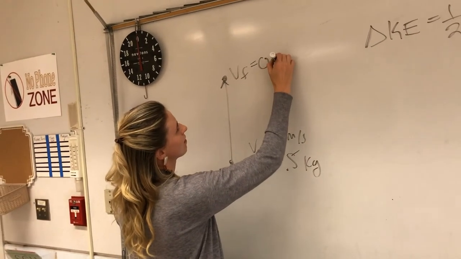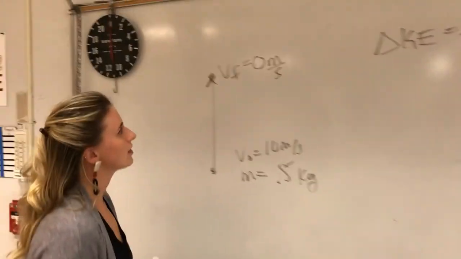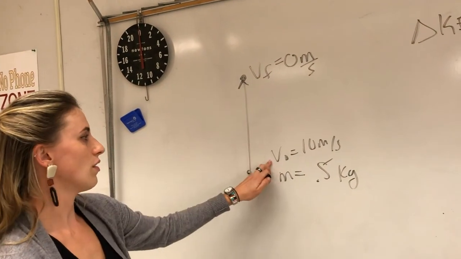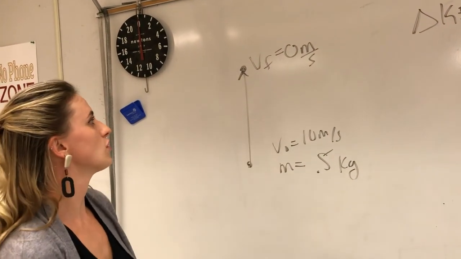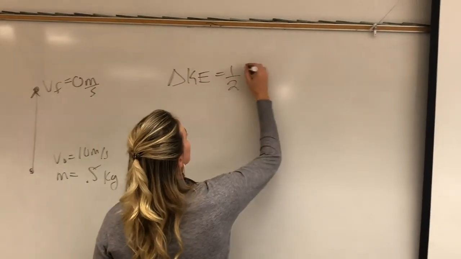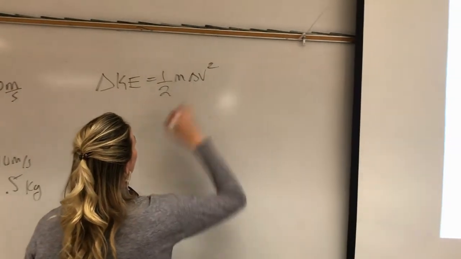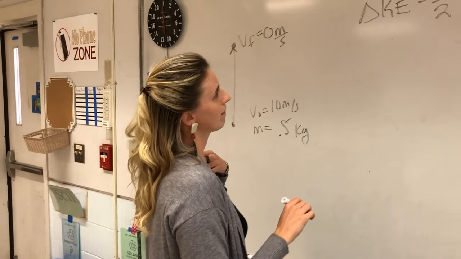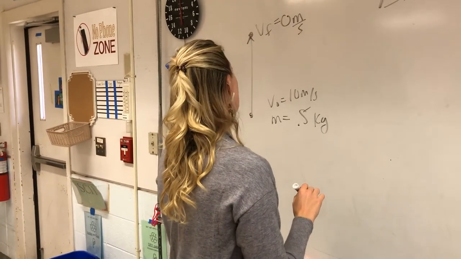Well, it has to stop at the top. 0 meters per second. So it has a change in velocity of 10 meters per second here, and we know that we can use this equation. Whatever kinetic energy it's got goes to 0.